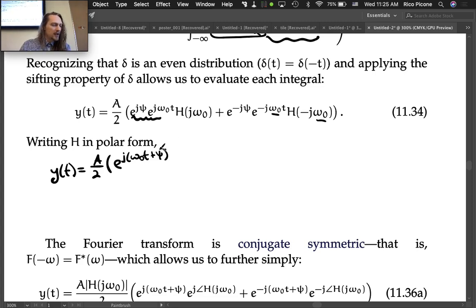And then we're going to write h in polar form. So we need the magnitude of h of j omega naught, and then the polar form is e to the j times the phase of h of j omega naught. That's the phasor or polar notation for a complex number.